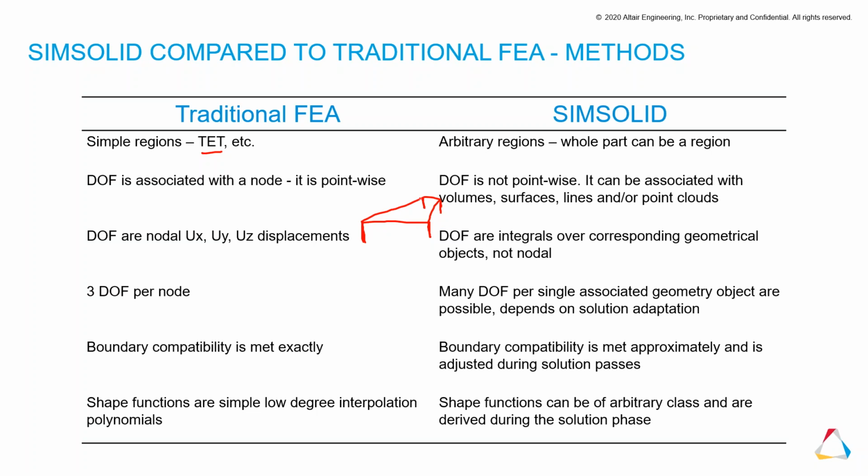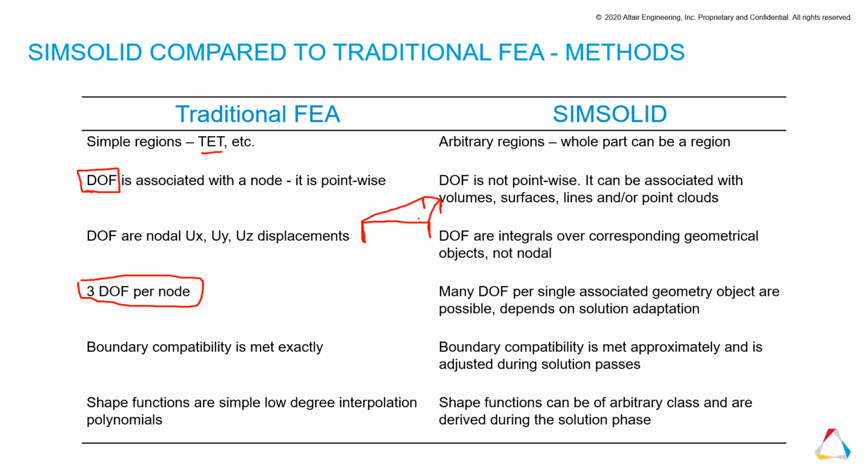With fewer elements, you definitely have fewer equations to solve. In the traditional finite element analysis, we need to create degree of freedom equations to represent each node. So probably at each node of an element, you have 3 degrees of freedom equations.